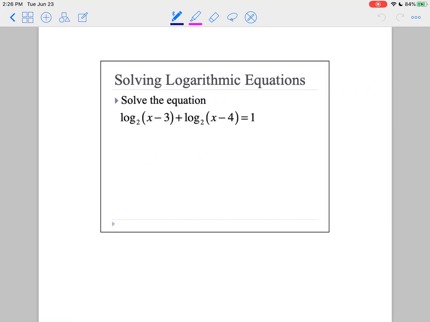So let's do another one very similar, okay? On the left side of this equation, we have two log base 2s being added together. So that means I can multiply what's inside them. So this would be x minus 3 times x minus 4 equals 1.